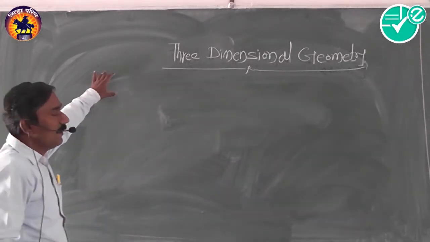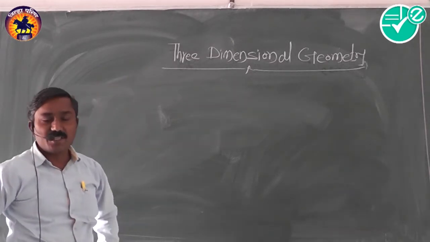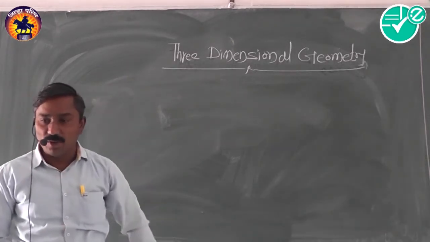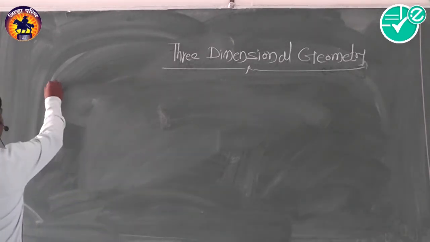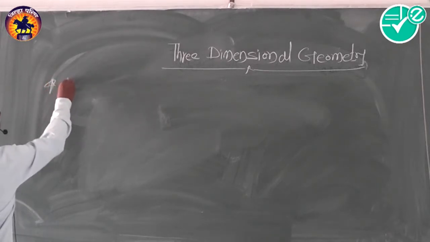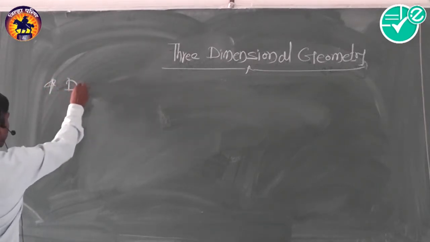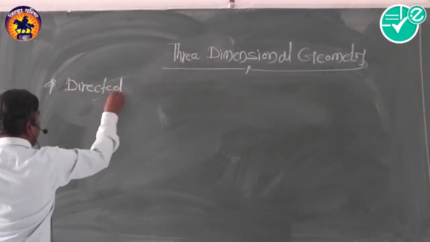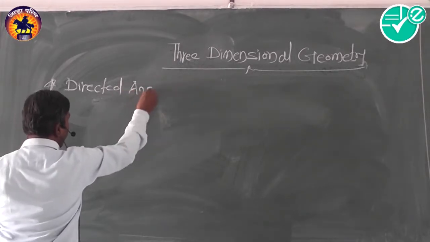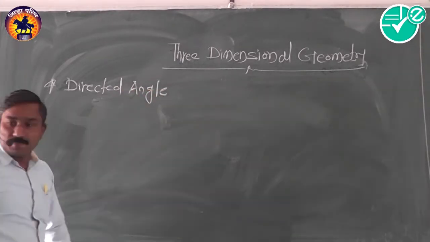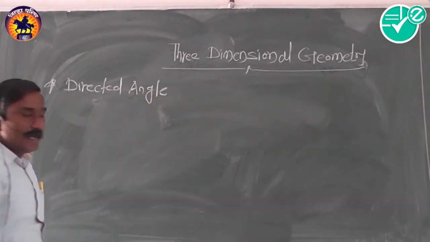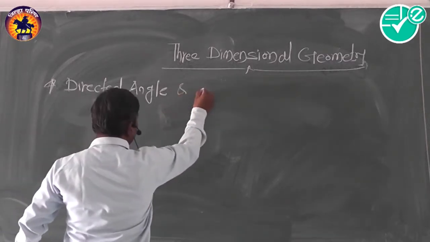Now in three-dimensional geometry we have to discuss the first three definitions first of all. The first definition is directed angle, then direction cosine.